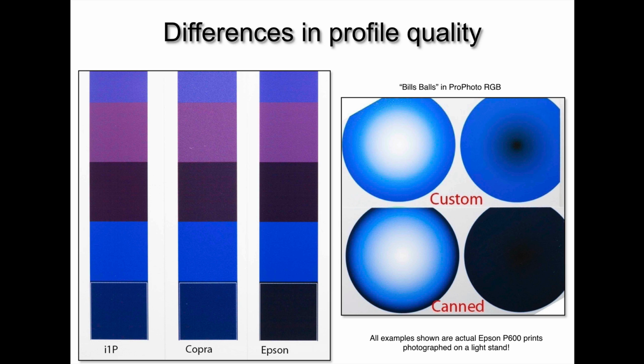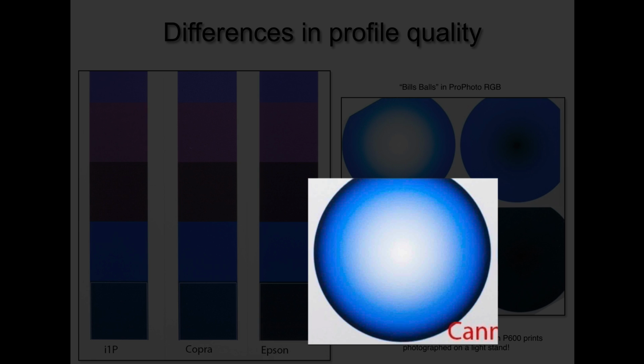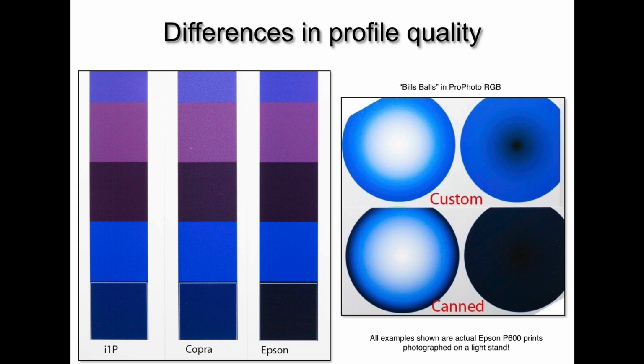If you look at the CAN profile image where it gradates from white to dark blue, you can see some banding occurring. And again, this is the result of the profile engine weighing, well, what's the best approach here? It doesn't know this is an image of a ball. It just understands individual solid color pixels.